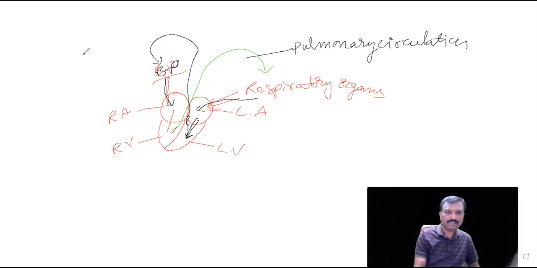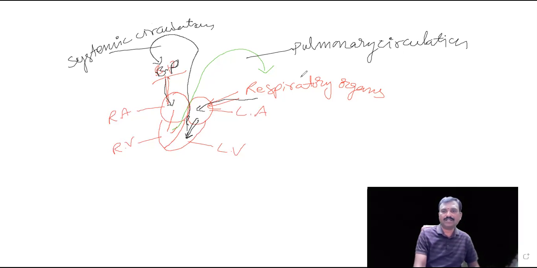So this is called systemic circulation. In this way, two circulations, two circuits are there. Number one, pulmonary circulation. Number two, systemic circulation.